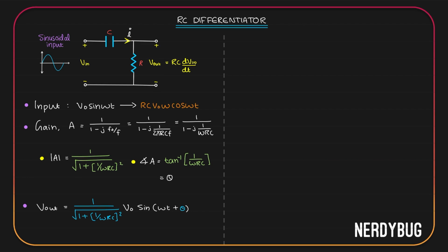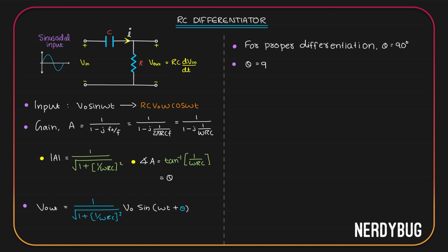We got the general expression for the output. It is this. Over here we have sine omega t plus theta. If our circuit is a proper differentiator, this should become cos of omega t. That is possible if theta is 90 degree. So we can write for proper differentiation, theta should be 90 degree.